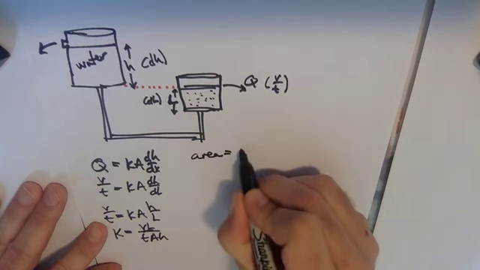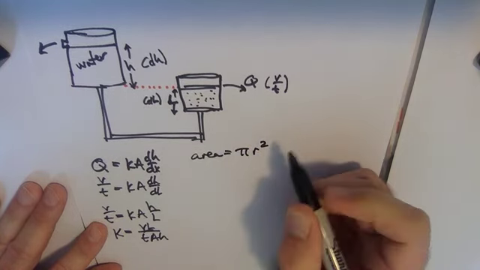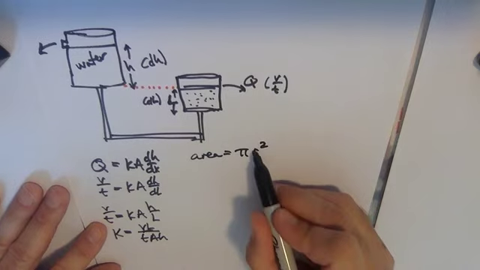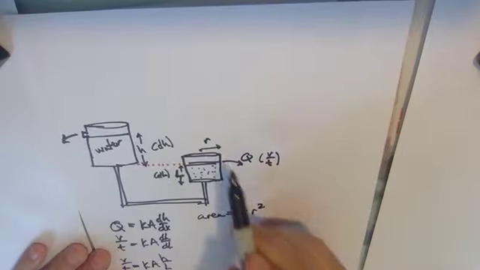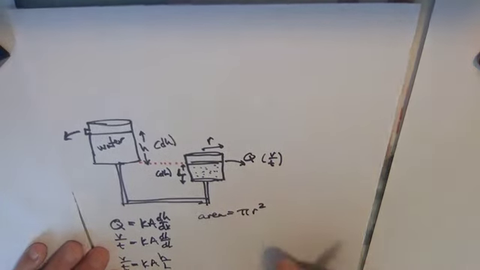Well, if this thing is round, the area of a circle is pi r squared. And so all you need to know is the radius r of your sample, and you can calculate the cross-sectional area.